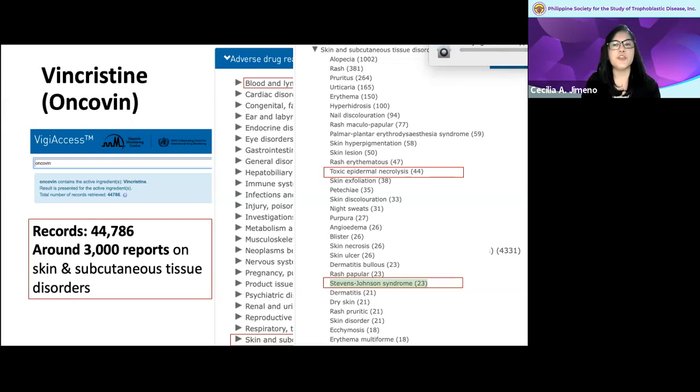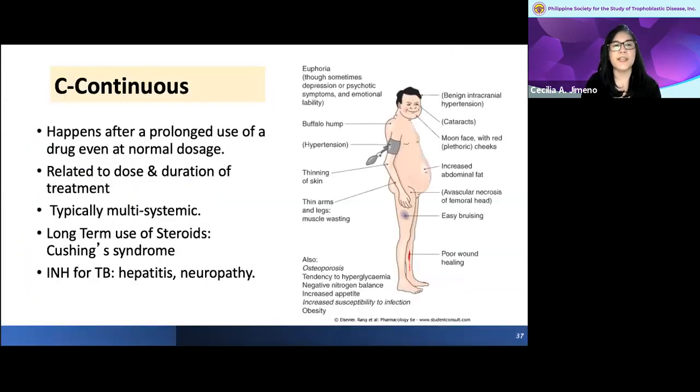Now, to continue with the different kinds of ADRs, winding up. The next kind is the so-called continuous kind of ADR, which happens after a prolonged use of a drug even at the normal dosage. This is related to dose and duration of treatment and is typically multisystemic.